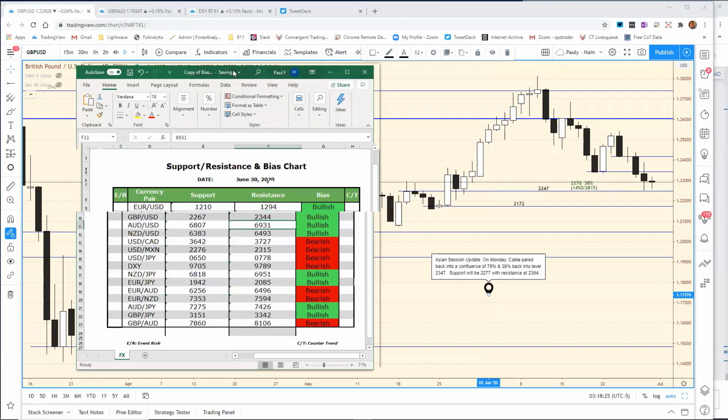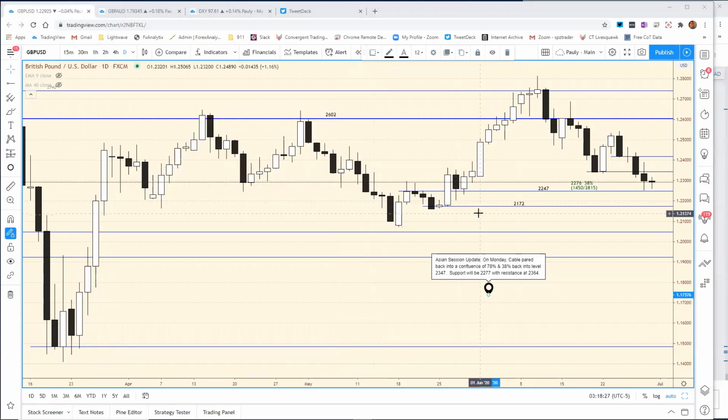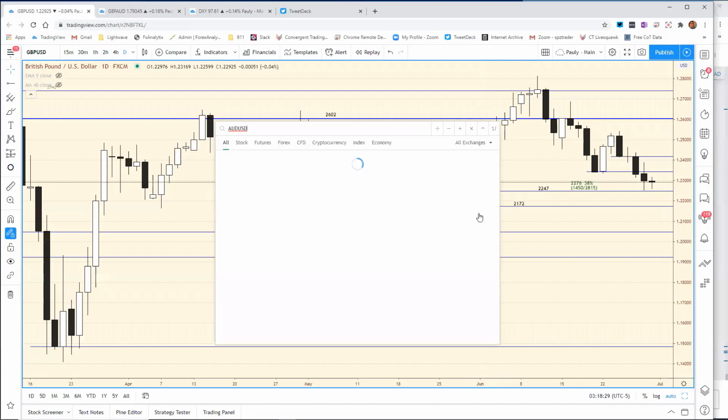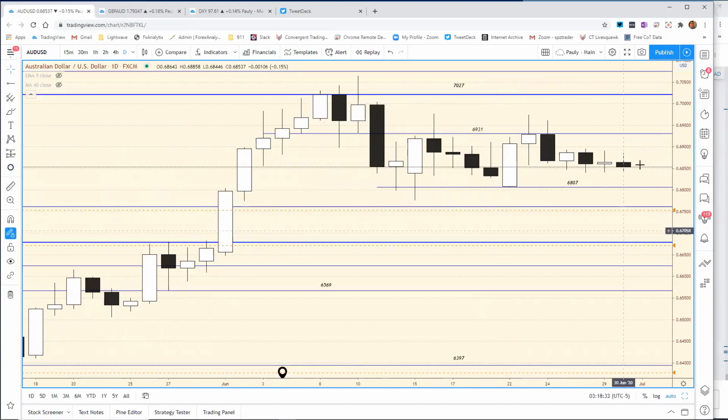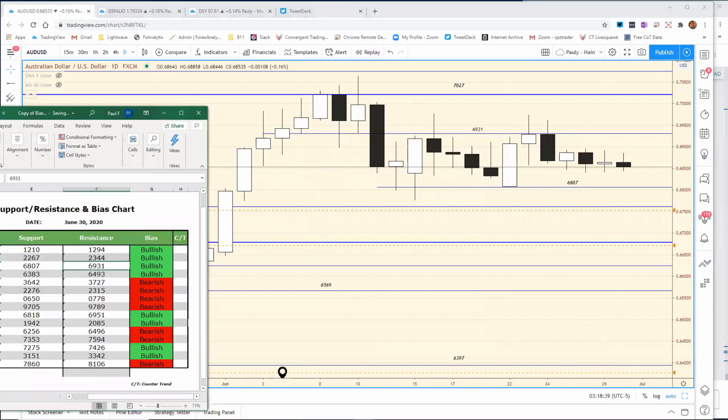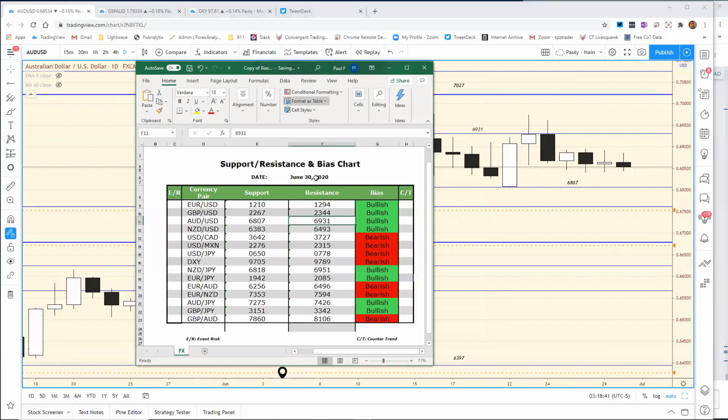Let's move into the Aussie dollar. Well, with the Aussie dollar, there's no change. This thing has been as quiet as all get out. There's no change here. Yesterday we had resistance at 69.31 and support at 68.07.